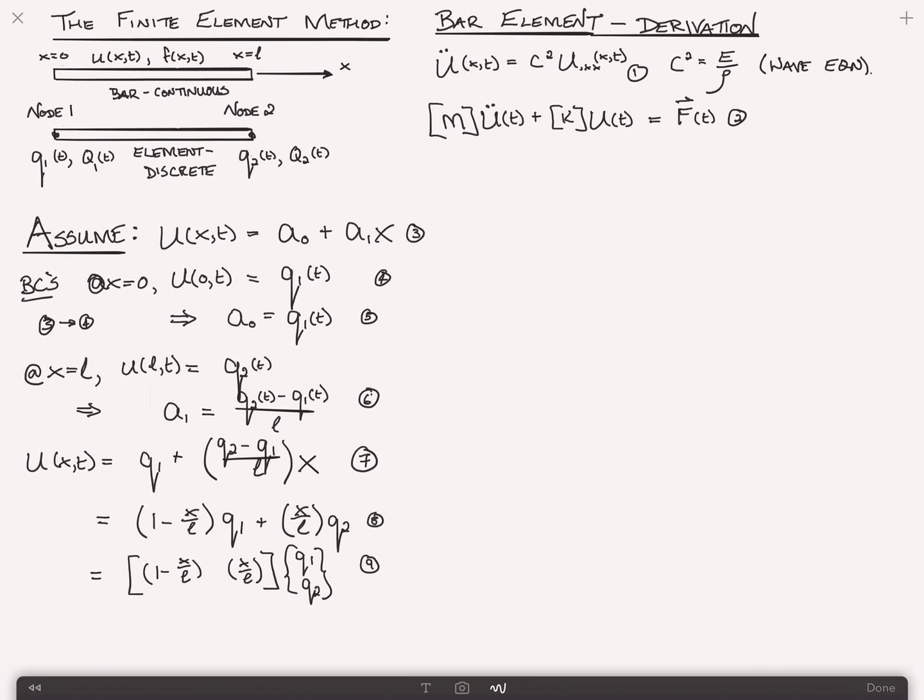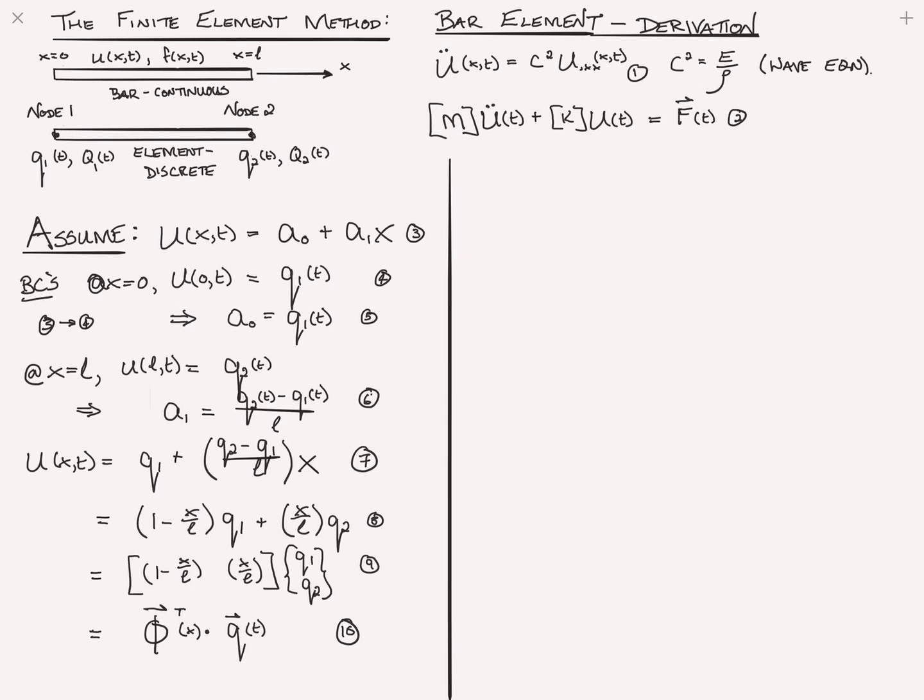That's equation 9. And I could rewrite that in general terms as phi transpose of x times q of t, and call that equation 10.